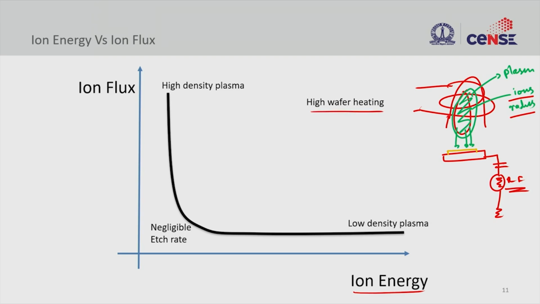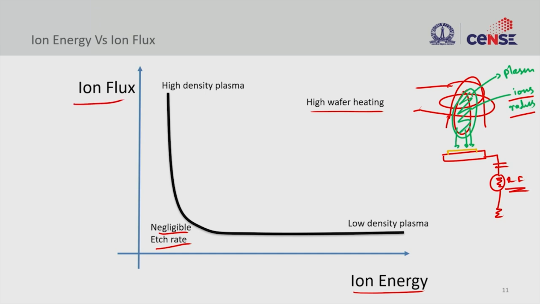When the ion energy is very low, you will have negligible etching. That is something we should be very careful about, because you can reduce your ion energy to reduce heat and the impact, but you should not reduce your etching itself. So the ion flux is also important.